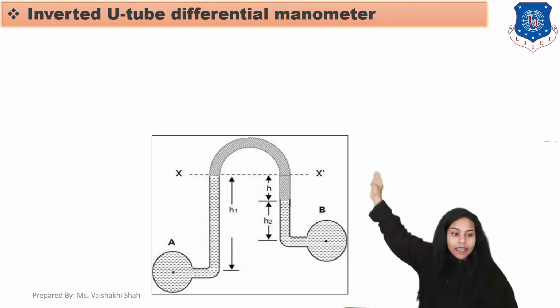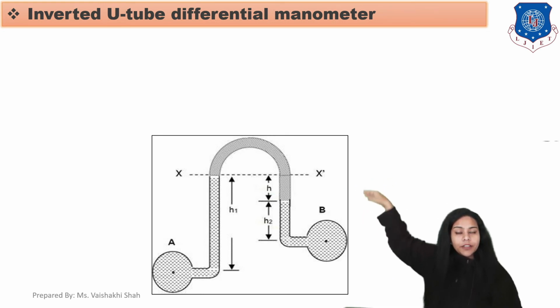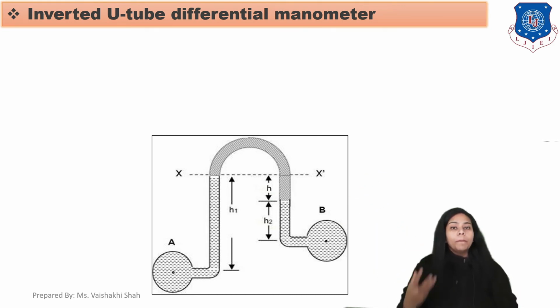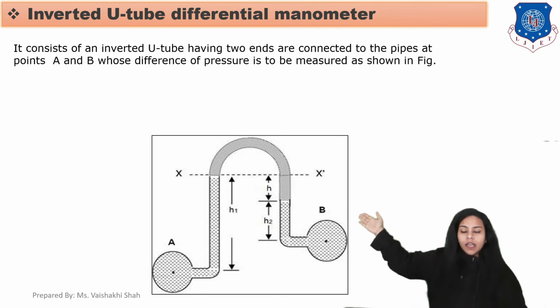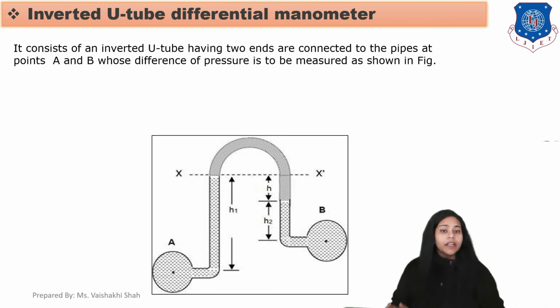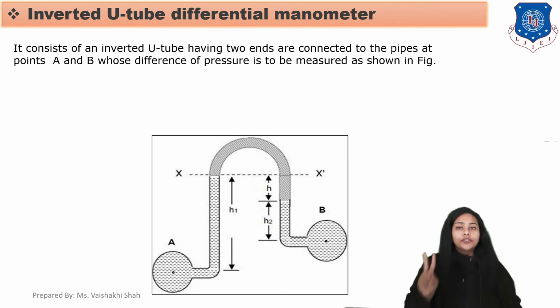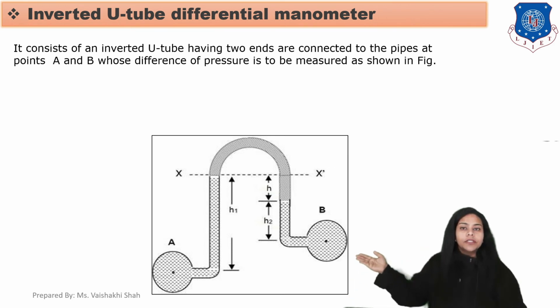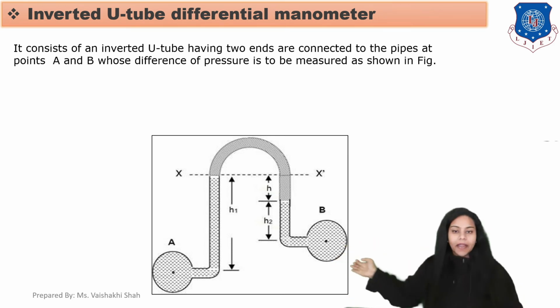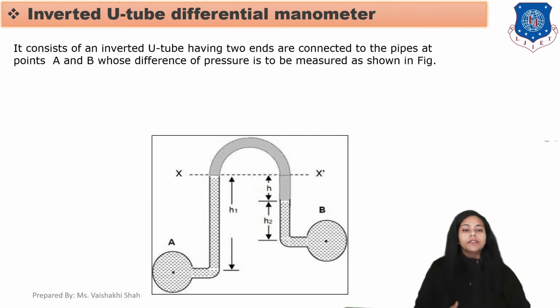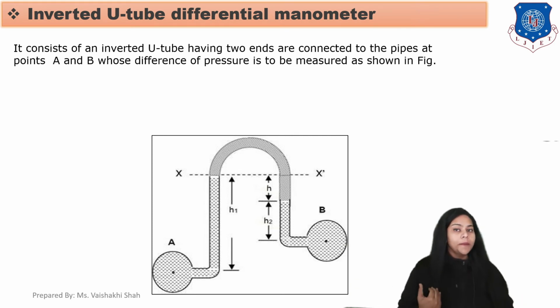As you can see at the top, there is a U shape where we fill the manometric fluid, okay, clear? Now it consists of an inverted U-tube having two ends connected to the pipes at point A and point B, whose difference of pressure is to be measured.